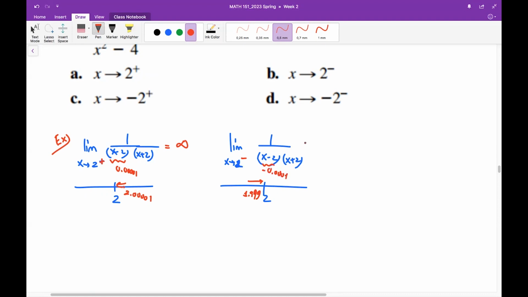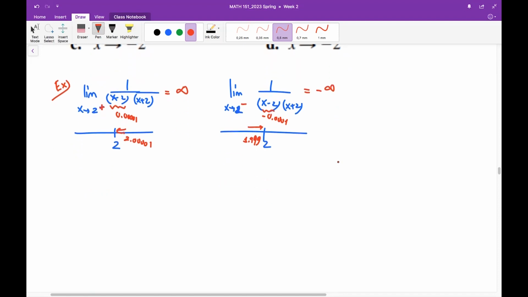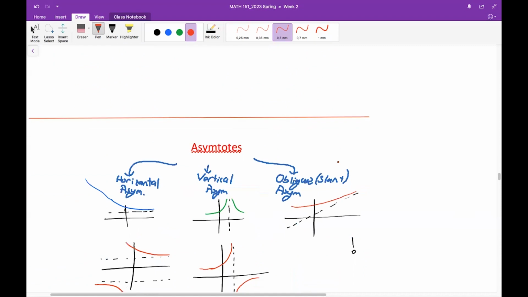So you see that the denominator gets closer to 0 from the negative side. You are dividing 1 by 0, but the denominator approaches 0 from the negative side. That's why this is minus infinity, okay? Don't forget to read these questions like that. I move on if there are no questions.